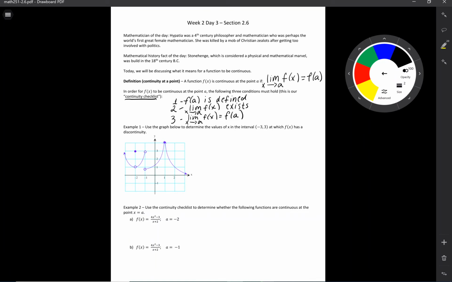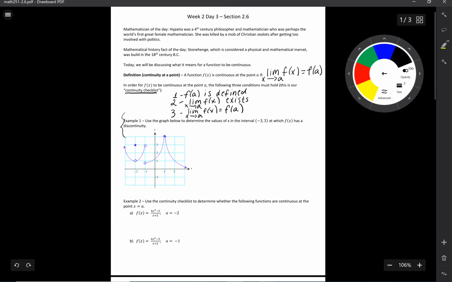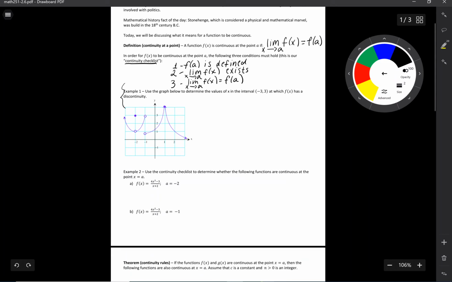So let's use this continuity checklist in order to look at example 1 and see where I am discontinuous. So it looks like at the point -2 here, my limit as x approaches -2 looks like it's the point 1, but that is not where my point is defined. So I am discontinuous at x equals -2.